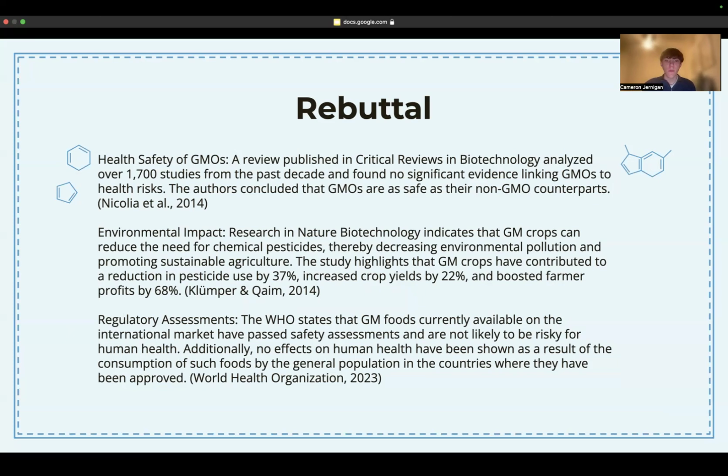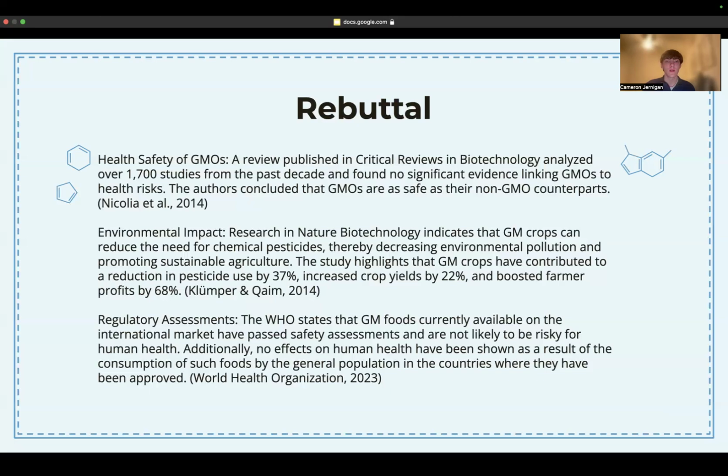GMOs can decrease environmental pollution by promoting sustainable agriculture. Again, this comes into play with no-till farming, which preserves the soil. And the study highlights that genetically modified crops have contributed to a reduction in pesticide use by 37%, which has increased crop yields by 22% and boosted farmer profits by 68%.